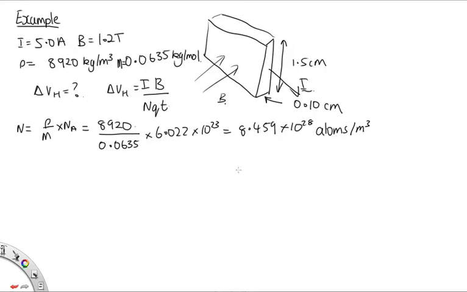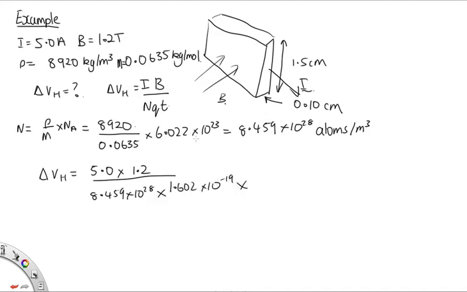per meter cubed. So now we can just substitute everything in here. So we've got that our Hall voltage is equal to I, which is 5.0, times 1.2 over 8.459 times 10 to the 28 times 1.602 times 10 to the minus 19 times the thickness, which is 0.10 times 10 to the minus 2.